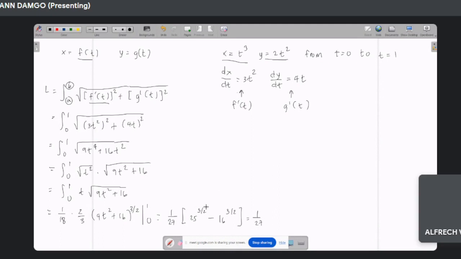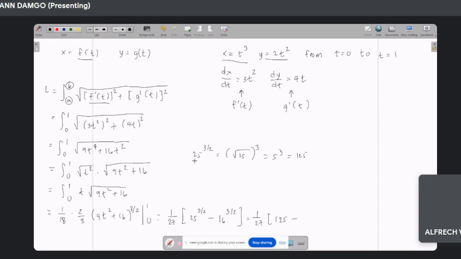So, pwede pa ni na ito masimplify, no? So, 25 to the power of 3 halves can be written as the square root of 25 cubed. O, pwede na to siya i-write o ganyan eh. Okay? In which, the square root of 25 is 5 cubed, which is 5 times 5 times 5. We have 125.